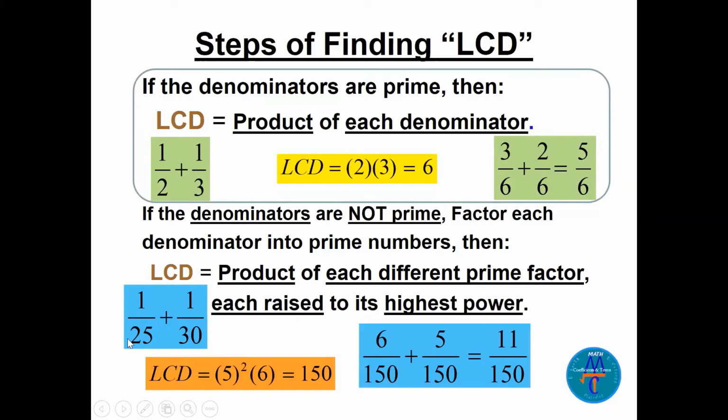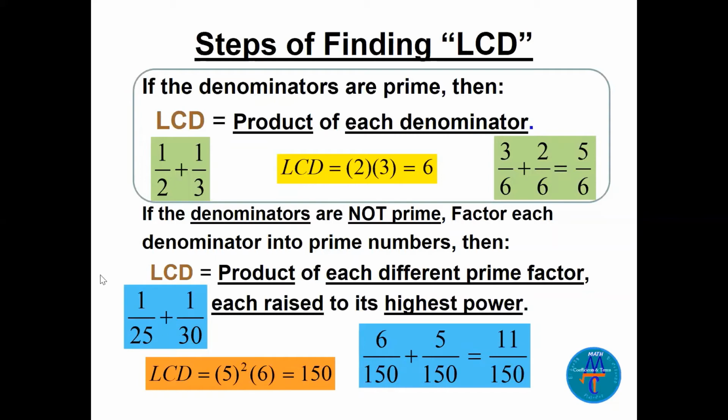But look here, 1 over 25 plus 1 over 30. We cannot multiply. See, we have to break down the 25 into 5 squared. 30 is 5 times 6. So I take 5 squared and 6. So 150 is the LCD, only 150.